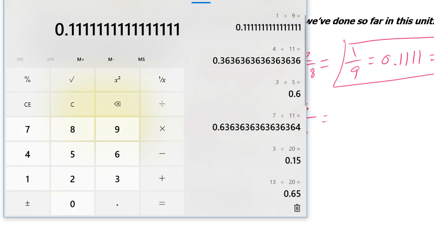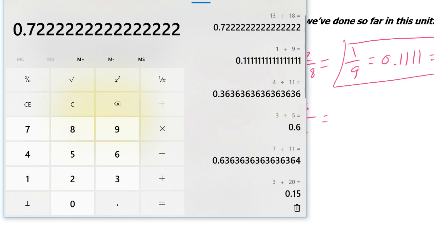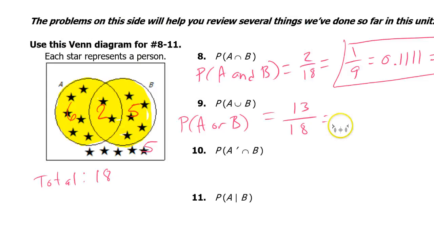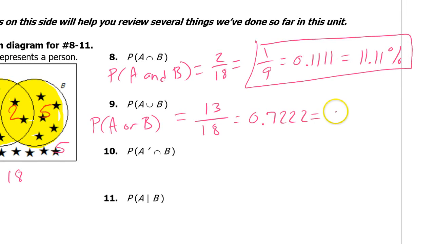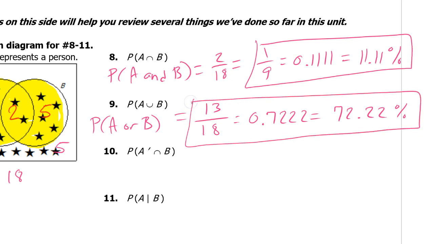Let's get the decimal form of that as well. 13 divided by 18 is 0.7222, which as a percent would be 72.22%. So these are the 3 versions of that probability.